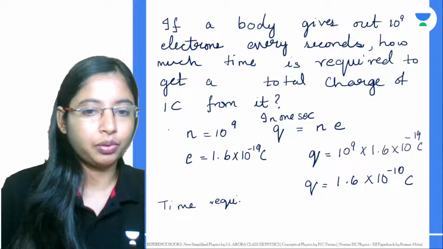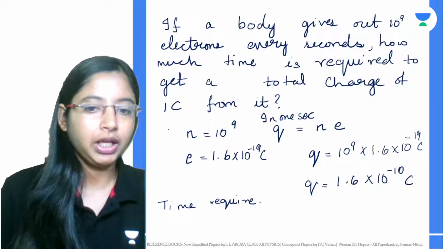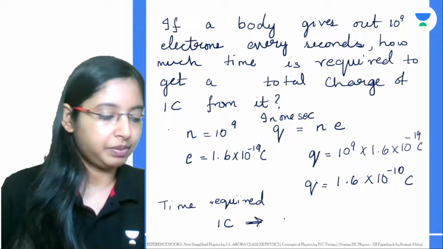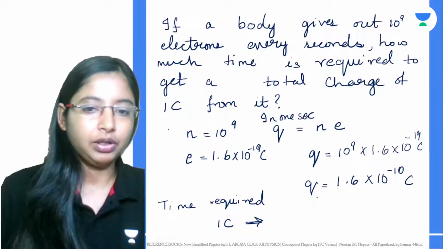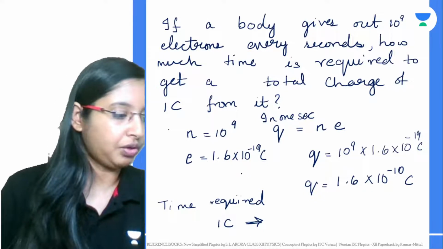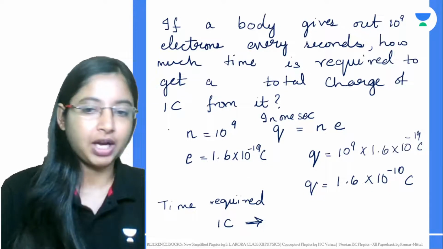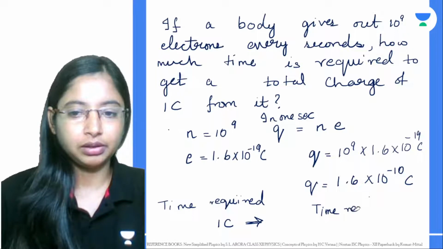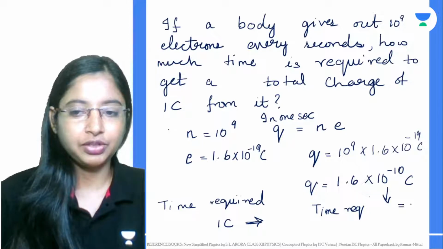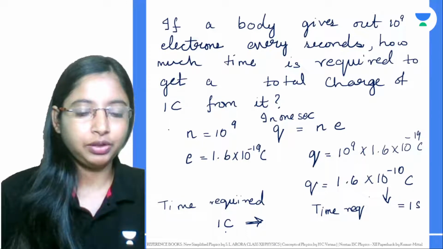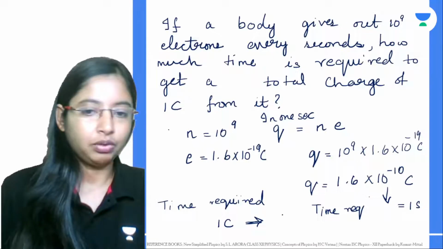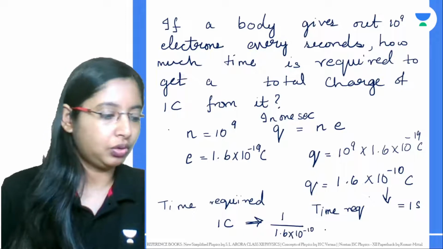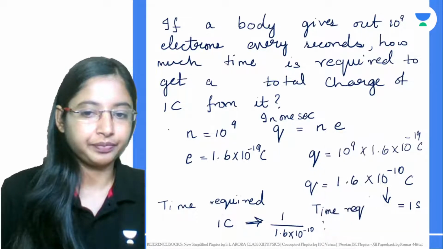The time required to get this much charge is 1 second. So the time required to get 1 coulomb of charge will be 1 divided by 1.6 into 10 to the power of minus 10 seconds.